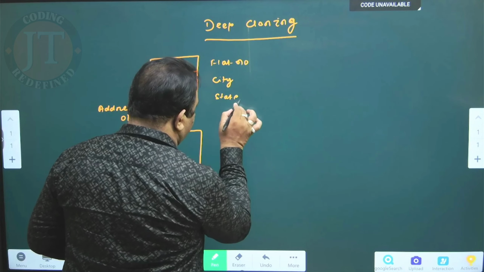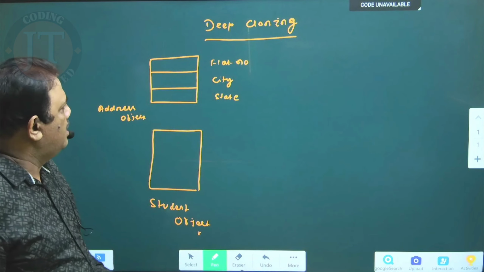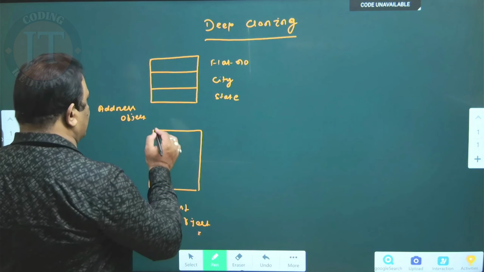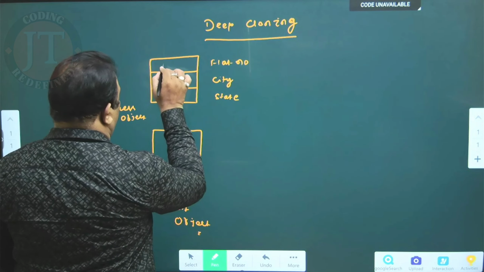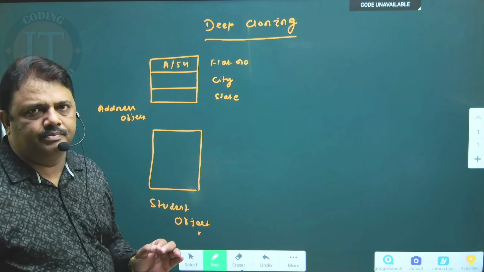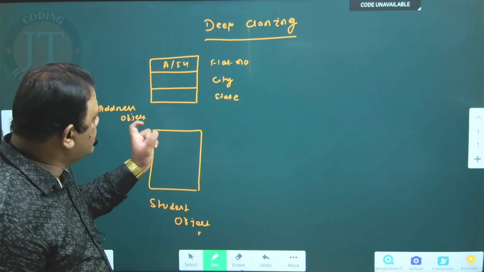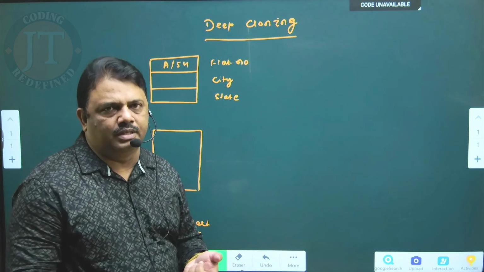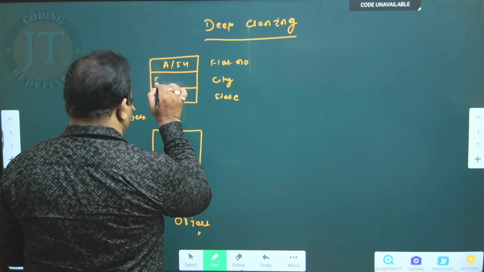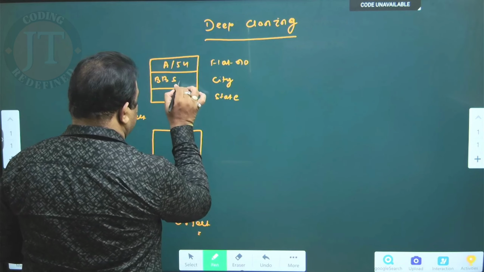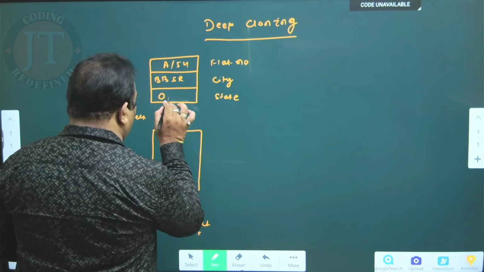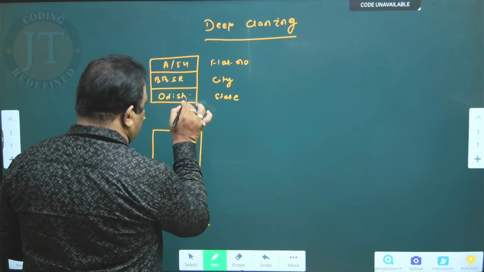Take an example: your flat number is AY54, the city is Bhubaneswar, and the state is Odisha.